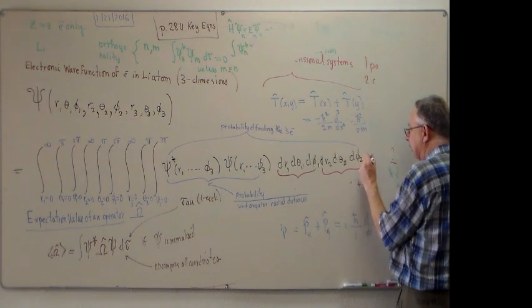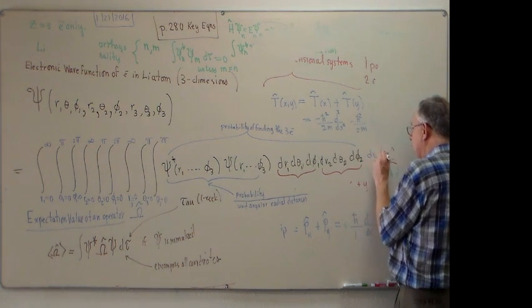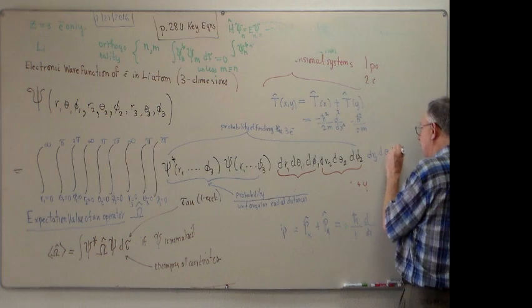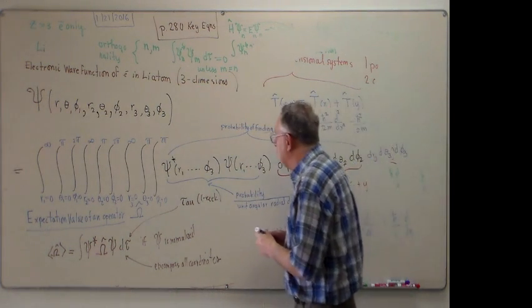We ended up erasing this last one. Let me write it. So this is dr3, d theta 3, d phi 3. All right.